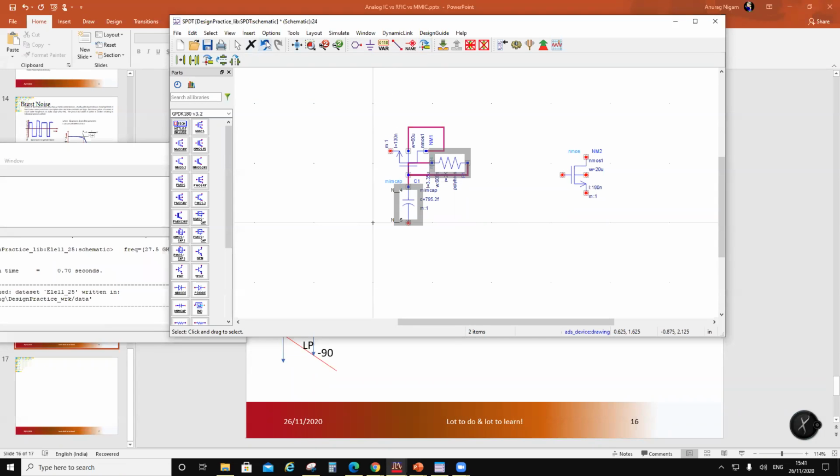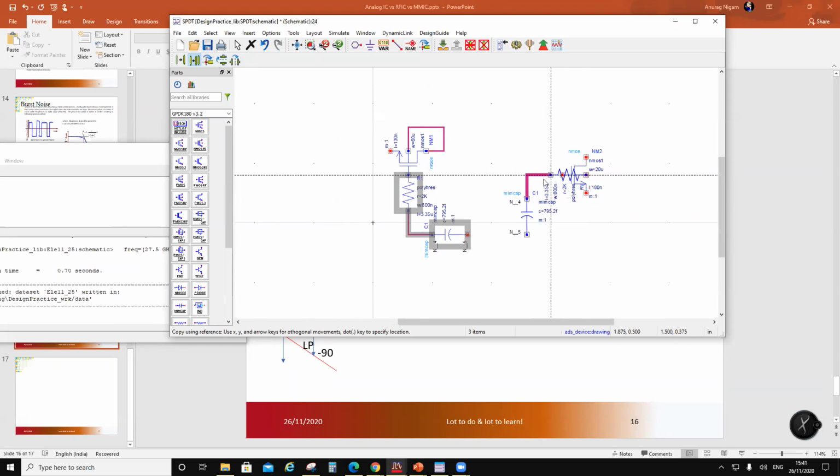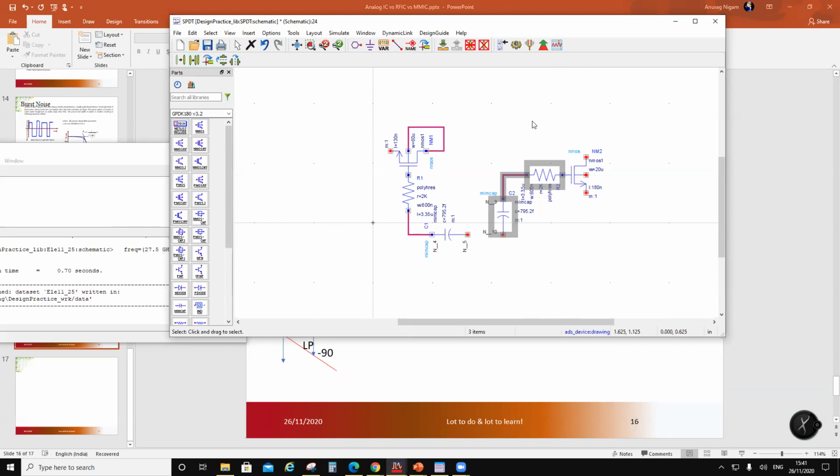So I'm going to copy this, rotate this, and place it over here. Next, I can just short this, and short here, and then I need almost a 30 ohm or 35 ohm resistor plus the channel resistance. The total resistance should look like 50.